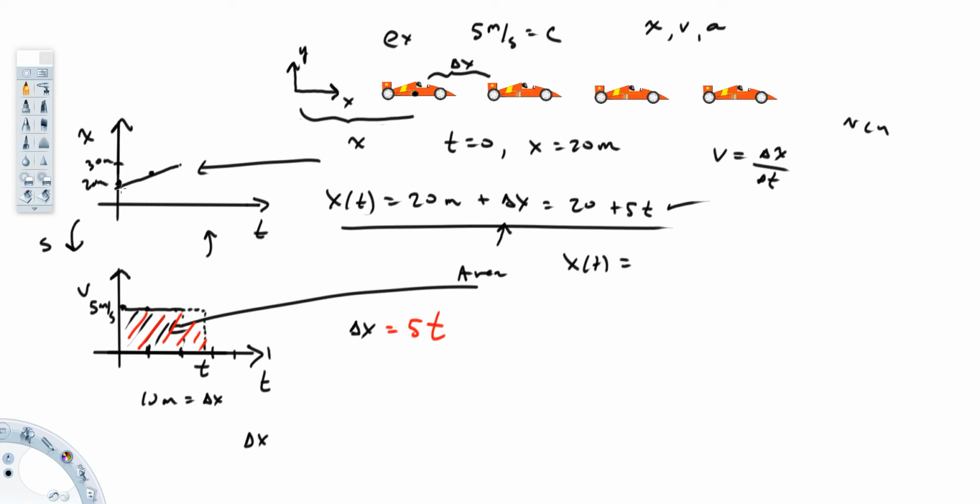At first I called this 20 meters, but if I want to write this in a little more generic sense, let's call this x sub 0, x sub 0 being the x coordinate at t equals 0, plus this area here, where this thing typically will be some function of t. In this example, what we have is x sub 0 plus the 5, our initial velocity, times t. And this is one of what are called the equations of motion.